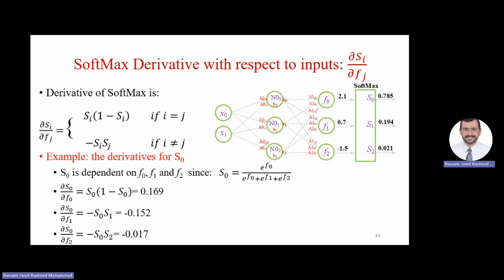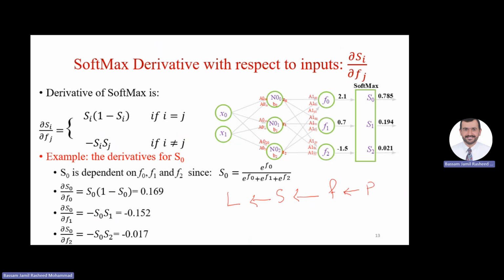Let's talk about the dependency here, and then from the dependency we'll work it backward. We know that the loss function depends on the S values. And the S values depend on the F function values, right? And those are impacted by the parameters.